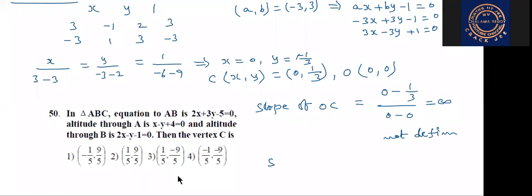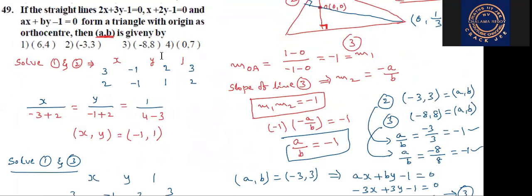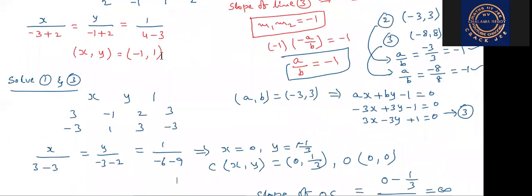But the slope of line 2, how much? On this basis, I am going to eliminate. Observe line 2: x plus 2y minus 1 is equal to 0. What is the slope of the line? Minus 1 by 2.